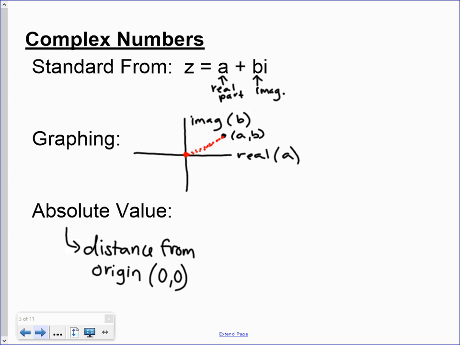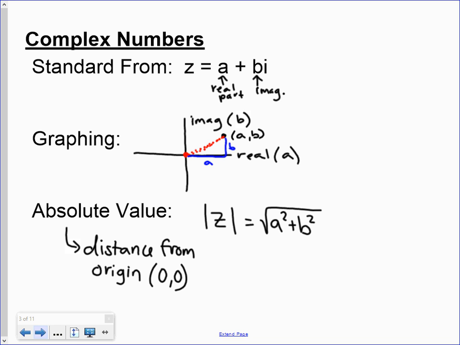Square root of a squared plus b squared. Pythagorean theorem, right? Square root of a squared plus b squared. So the absolute value of a complex number z is equal to the square root of a squared plus b squared. Excellent.